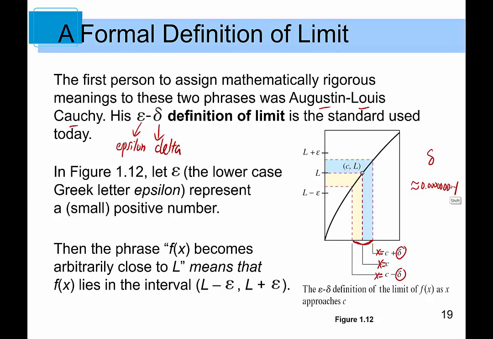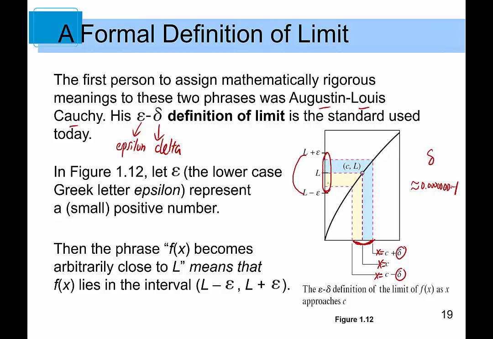That indicates a very tiny little number. That's what this delta is about. And here, as you can see, since the x value is in the interval, the y value is also in the interval, but it's also a very tiny little interval here.